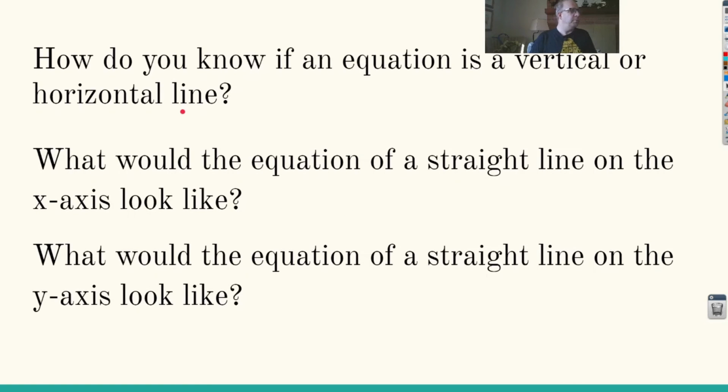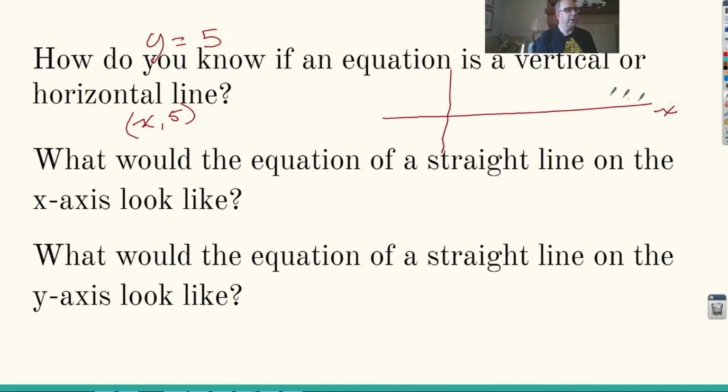So let's finish this up. How do you know if an equation is a vertical or a horizontal line? If we go back and look, when we had y equals 5, that means for any number x, y always equals 5. So when I graph it on my x and y coordinates, y always equals 5.